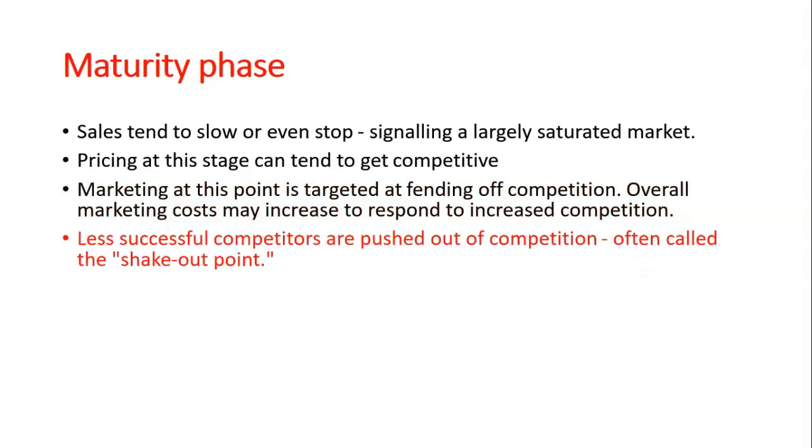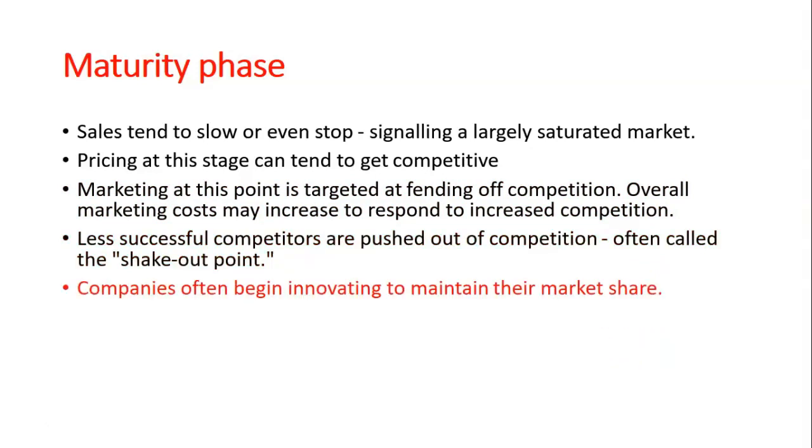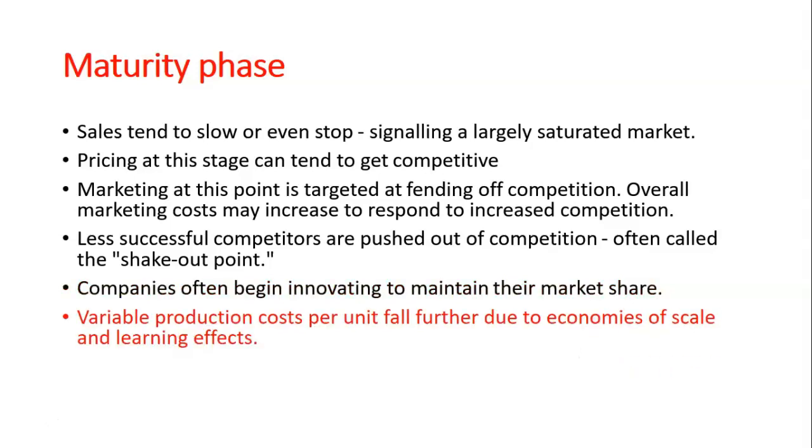And at this stage, less successful competitors will be pushed out of the market because the market starts shaking. Companies often begin to innovate to maintain their market share. Now, only those companies will be able to gain the market share, or rather to retain the market share, which started to innovate and which started to differentiate. Variable cost per unit falls further due to economies of scale and learning effects.